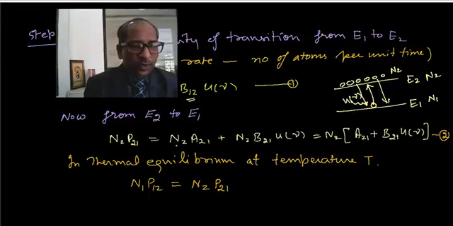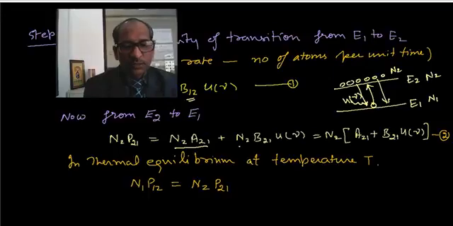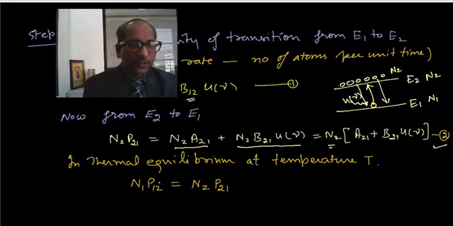N2 P21 is equal to N2 A21 for the case of spontaneous emission, and N2 B21 U nu for the case of stimulated emission. So the total transition probability is defined this way: N2 P21 is equal to N2 A21 plus N2 B21 U nu. Taking N2 common, you will get N2 times A21 plus B21 U nu. This is our second equation.